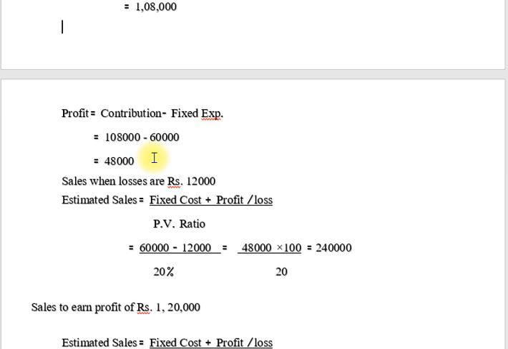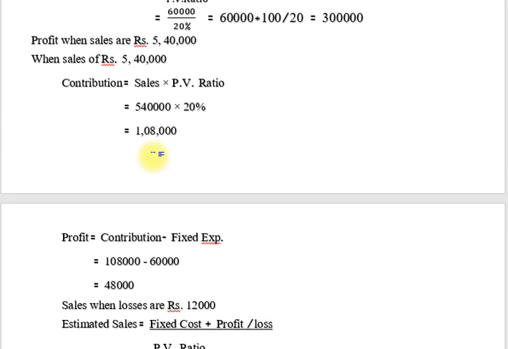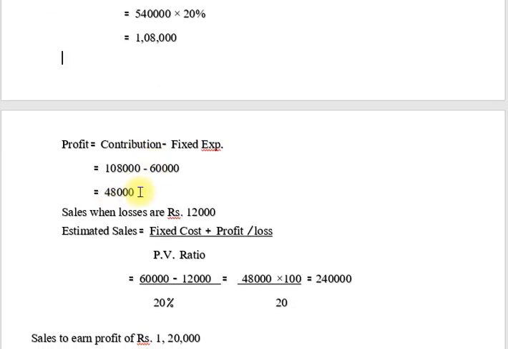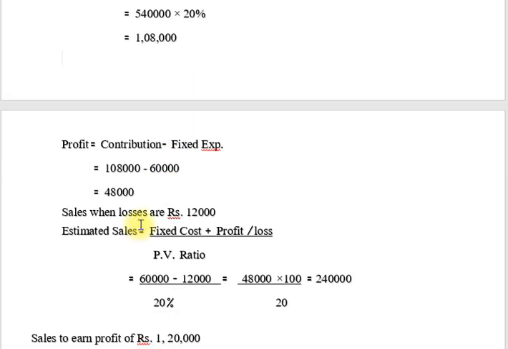So we say when the sales is rupees 5 lakh 40,000, then we earn a profit of 48,000 rupees.